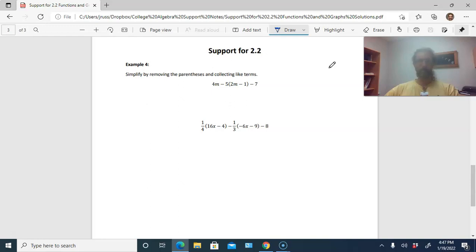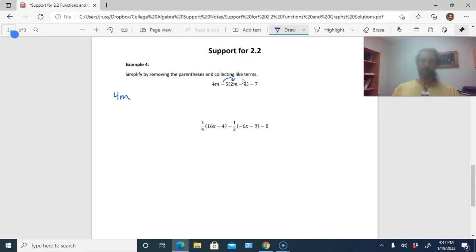Okay, let's look at these last two. Very similar. Simplify by removing the parentheses and then collecting like terms. So notice this expression, it's longer, but it does have parentheses. And inside those parentheses are these two unlike terms. So that's my cue to use the distributive property here. So what I'm going to do, I'm going to rewrite the 4m, and I'm going to distribute the -5.